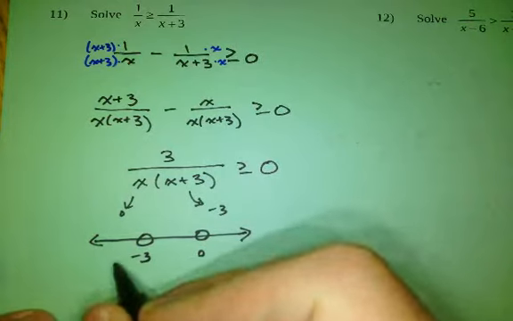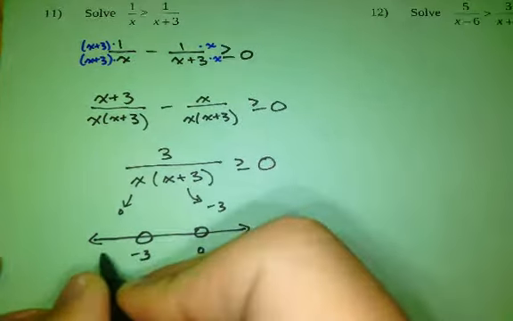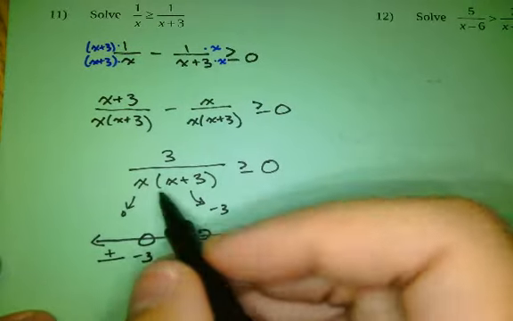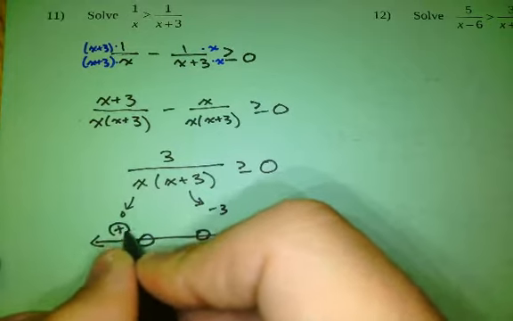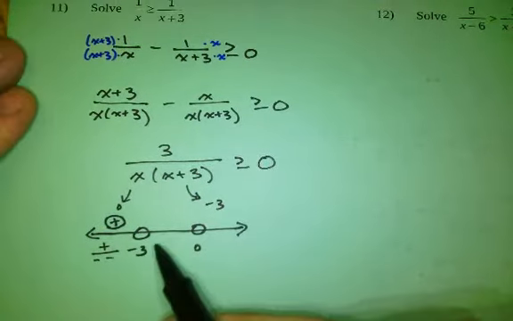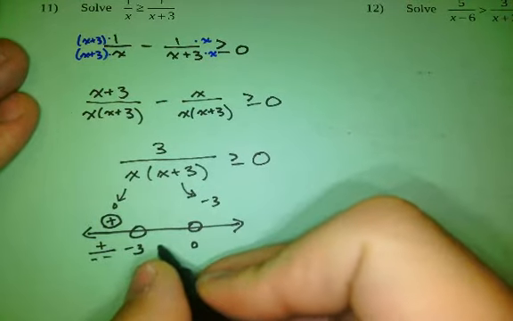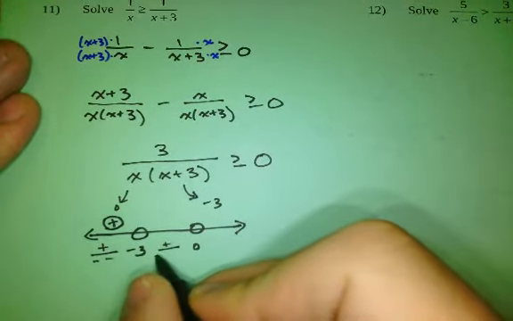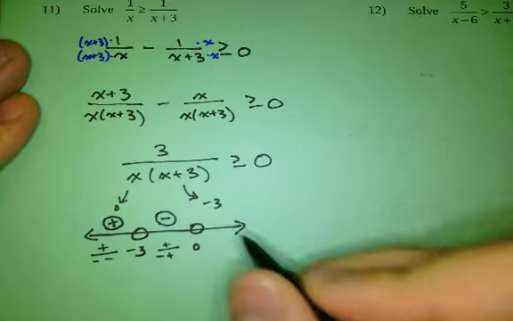Okay, so what's the number that's left of -3 that we can test? -4. So on top, I'm always going to have a positive, and on the bottom, I'm going to get a negative, which is positive. Then I pick a number between -3 and 0. So pick a -2. I'm going to get a positive on top, and on the bottom a negative times a positive, which is a negative.